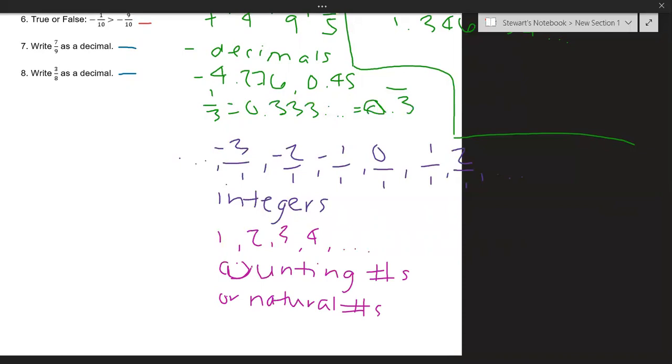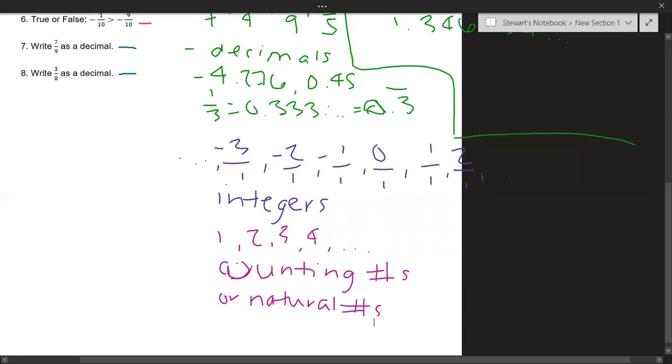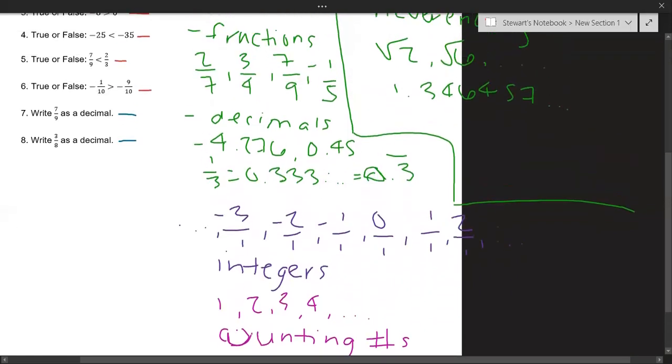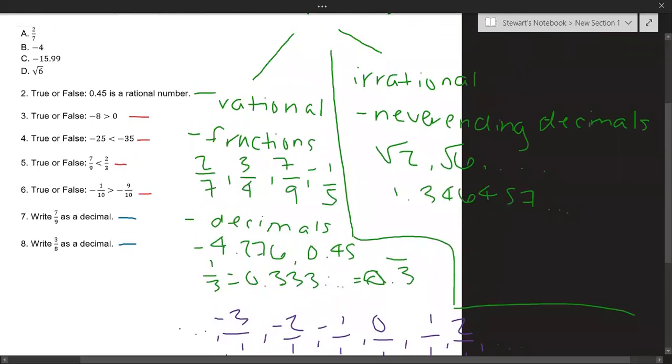And naturally, if you want to think about it from bottom to top, in a sequential order, you start with your counting numbers. And then when you add 0 and the negative whole numbers, you end up with the set of integers. And then if you add fractions, which also result in decimals, because you can change fractions to decimals, that results in rational numbers.